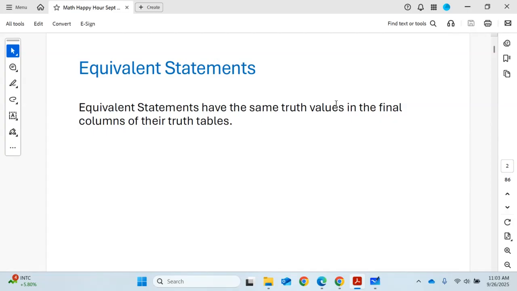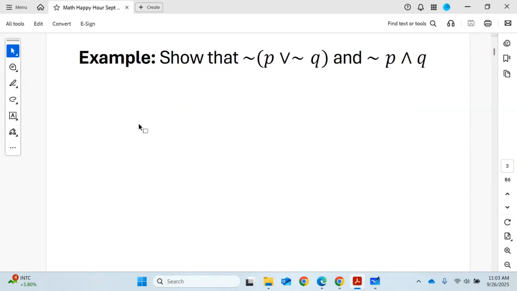Statements are equivalent when you have exactly the same truth values in the final column that represents the value of that statement. For example, I have to show that the negation of the statement P or not Q is equivalent to the negation of P and Q.